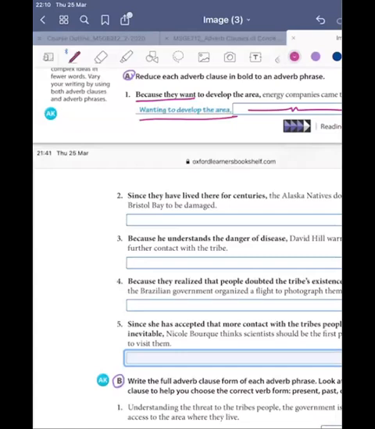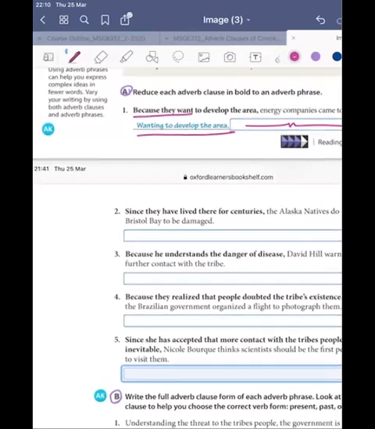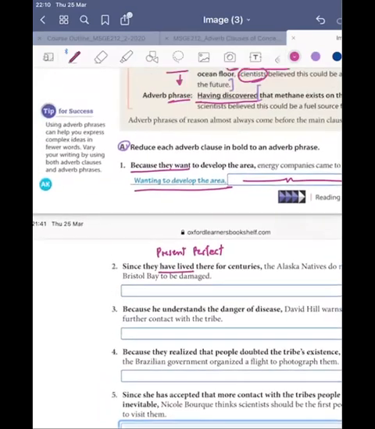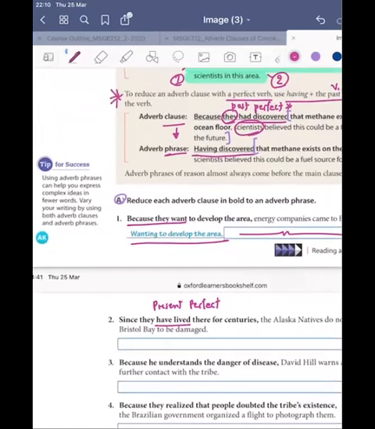Okay. Number 2 here. Since they have lived there for centuries, the Alaska natives do not want Bristol Bay to be damaged. As I said, this is perfect, right? Present perfect. If you see perfect, then it has to be this case here. Okay?